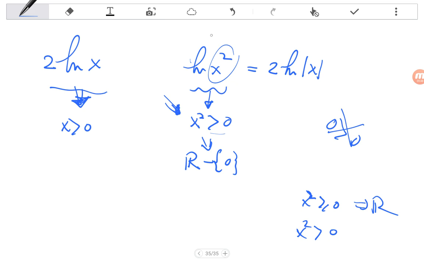So this is the difference between these two functions. This function has a domain of R minus 0. This other function has a domain of positive R. So these are two different functions, but they may be identical for some interval of x. For example, for x greater than 0, these two functions will just be equal.